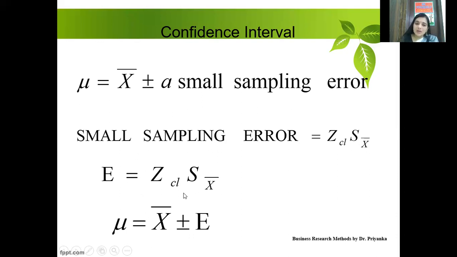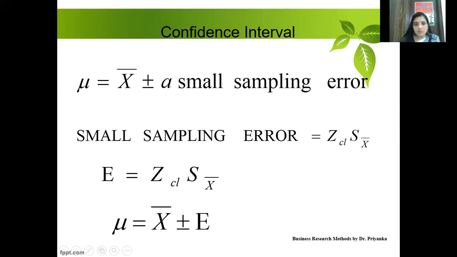ZCL can be taken from the table at the end of your textbooks. You can pick any book on research methodology, and these tables are given there. On the basis of the error you have allowed in the study, S on X bar, the standard deviation of the sample mean, is calculated.